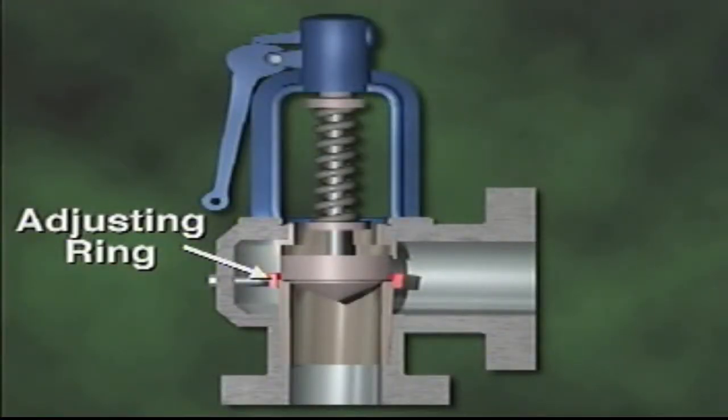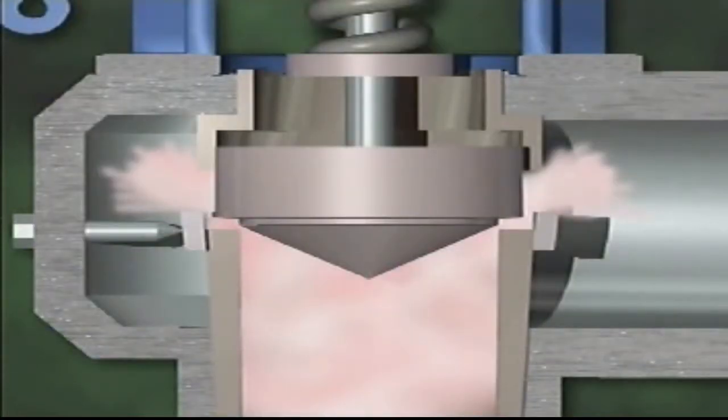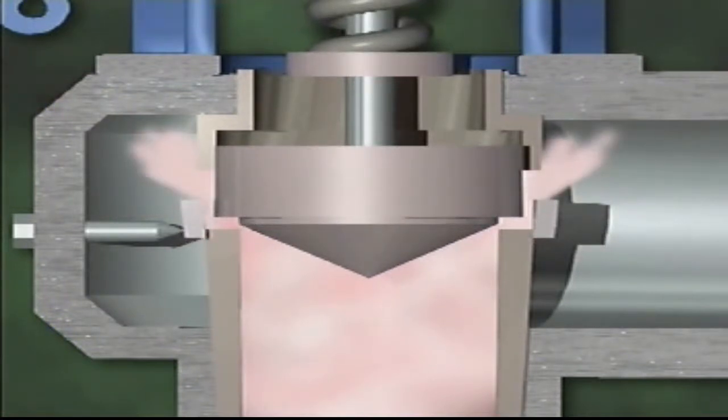Blowdown can be adjusted by changing the setting of the valve's adjusting ring. You see, the position of the disc in a safety valve is determined by the amount of system pressure and the angle and velocity of the steam striking the disc. When the adjusting ring is in the raised position, the escaping steam is directed right at the disc.